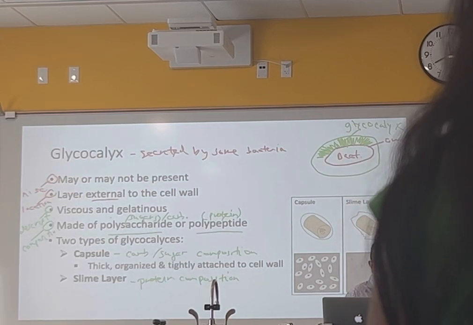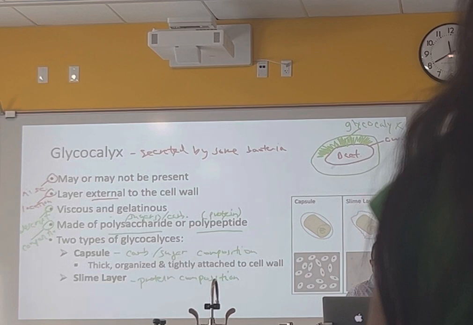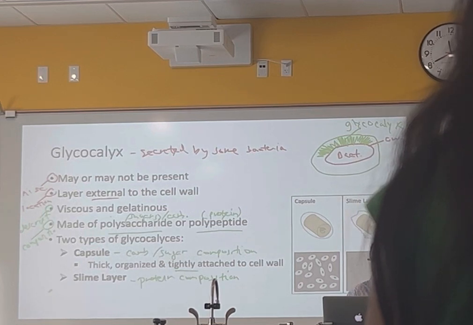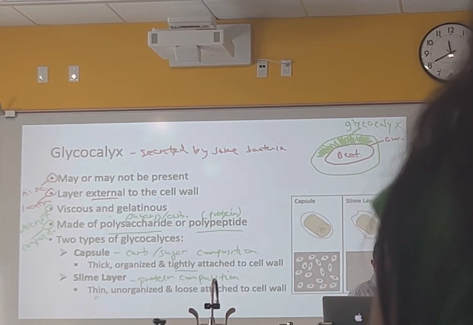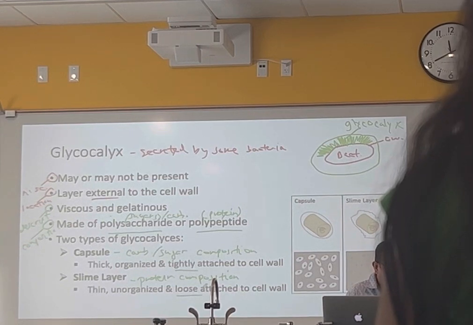Going back to capsules, capsules are pretty thick, like I'm showing here. They surround bacteria, surround the cell wall, and they firmly attach to the cell wall. They're not coming off. Whereas the slime layer is thinner, it's unorganized, and it's just very loose. It can come off real easily.